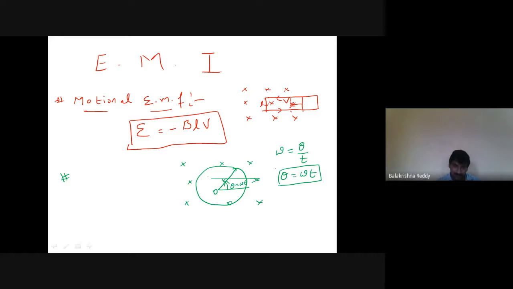Now, whenever this rod is moving, of course, not only from here to here, let us say it is displacing. If I consider it is displaced theta, then theta equal to omega t. If I take it is displaced d theta, means a small amount of displacement has taken place in the circular form, right?